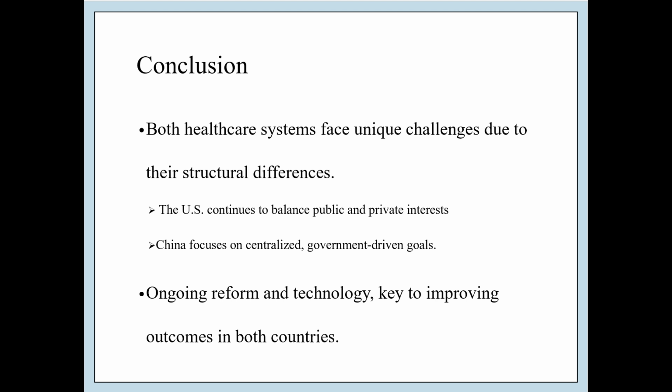Ultimately, both countries are grappling with the issue of cost, efficiency, and equity, but their approaches highlight the complex trade-offs between public and private models of healthcare delivery. As global health changes continue to evolve, both nations will likely need to adapt their systems to ensure broader and more equitable access to quality care.